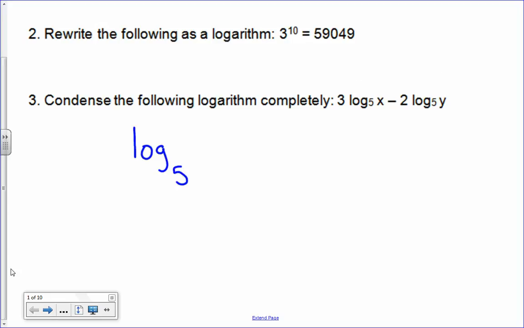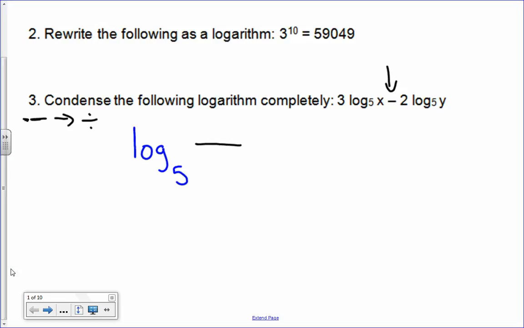Now, on the first one, we wrote multiplication means addition, and exponents mean that numbers go in front. On this one, the only other thing we haven't written down is subtraction means division. So we have a minus right here. That means we're going to have log base 5 of a fraction.